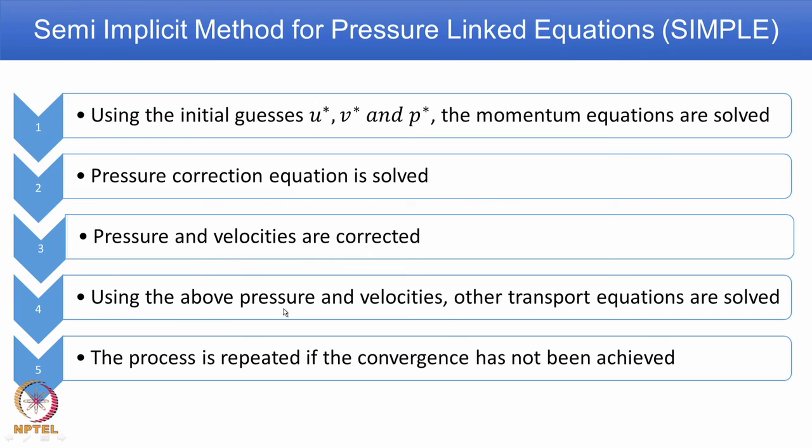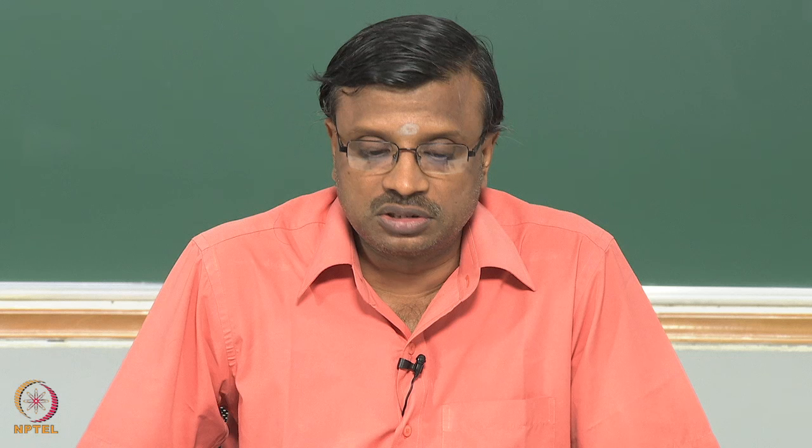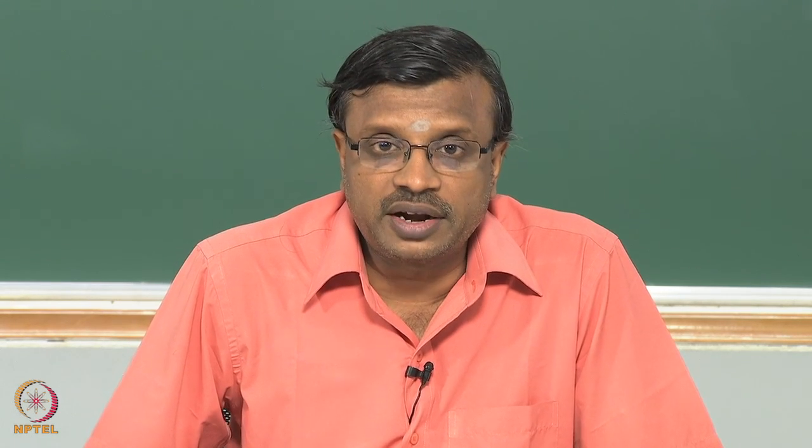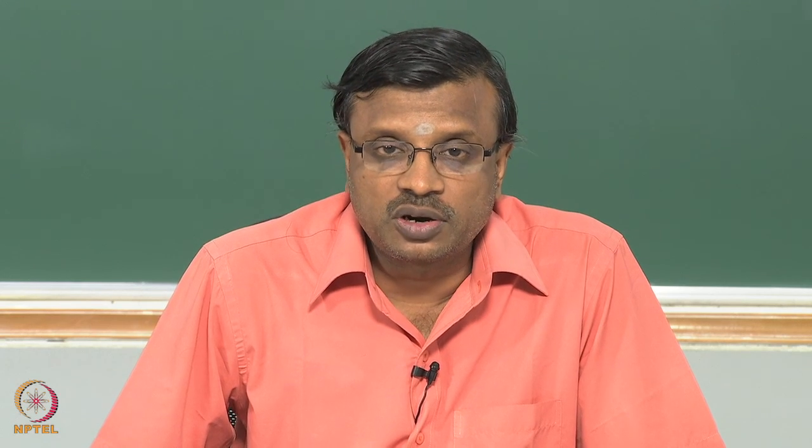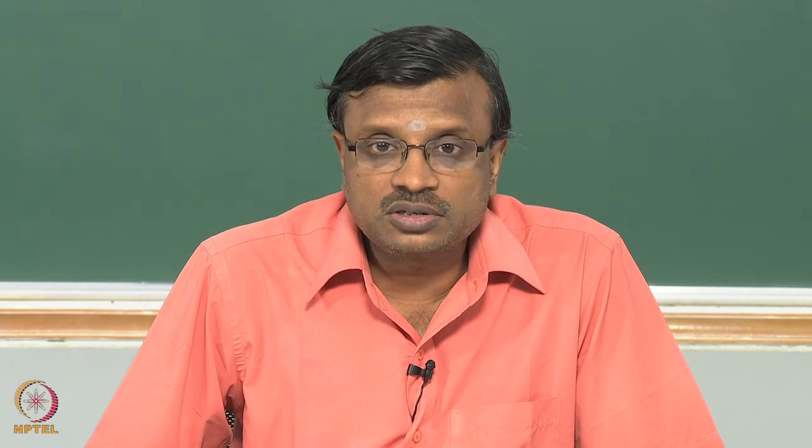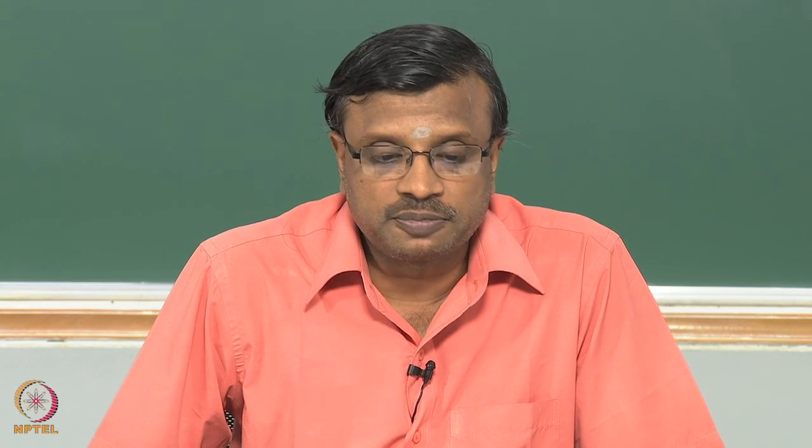Once you use the above pressure and velocity, then any other transport equation can be solved, for example temperature or concentration. The process is repeated, all the steps are repeated until the convergence criterion that you have set is satisfied. As we did in the MAC algorithm, here also we set up a condition for convergence. It may be 10 power minus 3 or 10 power minus 5, it depends on the problem. Once the convergence is satisfied, then we quit the iteration procedure.